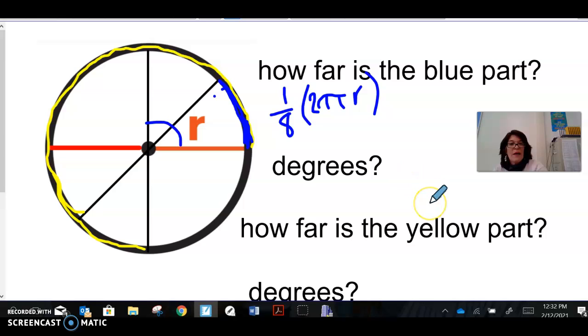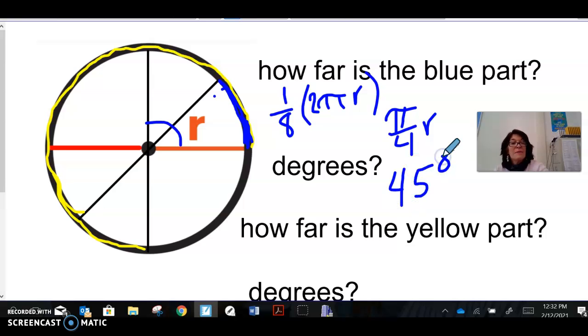So it's 1/8 of 2 pi r. What's 2/8? 1/4? So pi over 4 times the radius. The degrees I went was 45 degrees. If I ignore the radius, this pi over 4 ends up being my radian measure. 45 degrees is the degree measure. They're the same. One's in radians, one is in degrees.